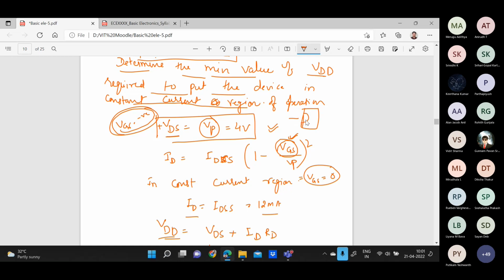Then only it will go into the depletion region. JFET can work only in the depletion region. It cannot work in the enhancement mode. So when you are considering the value of VGS, it should be negative, and when you are considering the value of VDS, it should be positive. Understood? Yes, sir.